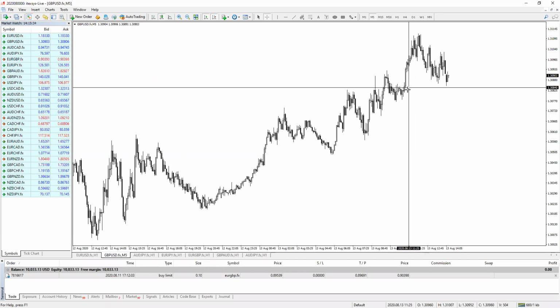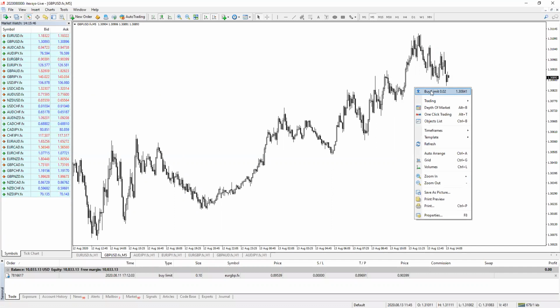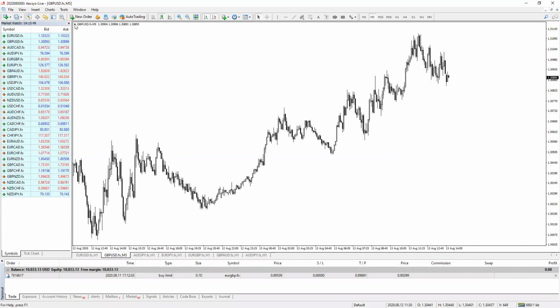Decision area is right around here, and price is flagging down all the way. We can have around this area, I'll have a buy limit. Let's make it a little bit higher. 0.10, 1 pip per $1 per pip.